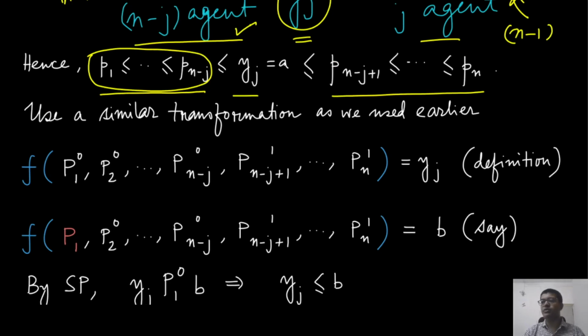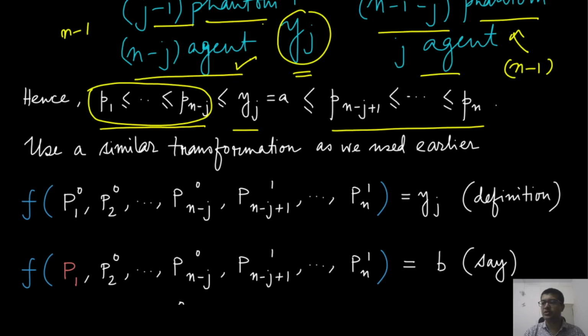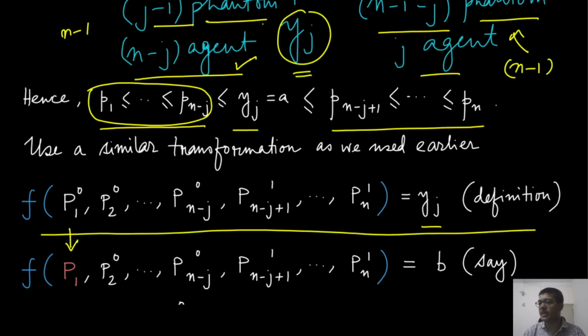Now we are going to use a very similar transformation from this very special preference profile for which we get this yj to the actual preference profile p, which is p1, p2 to pn, and we are going to do this transformation for one player at a time. This is something that we have already used in several proofs. So we know that this is true. This particular thing is, by definition, we have defined yj in that way.